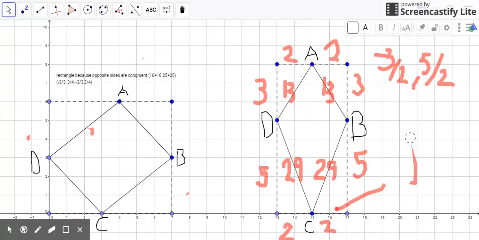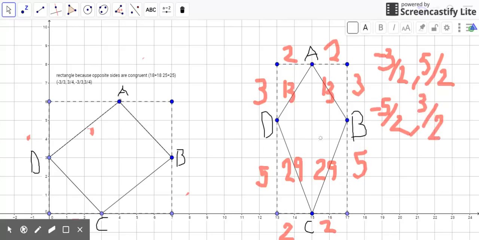Then we're going to do C to D, which would be negative 5 over 2. And then D to A, which would be just 3 over 2.